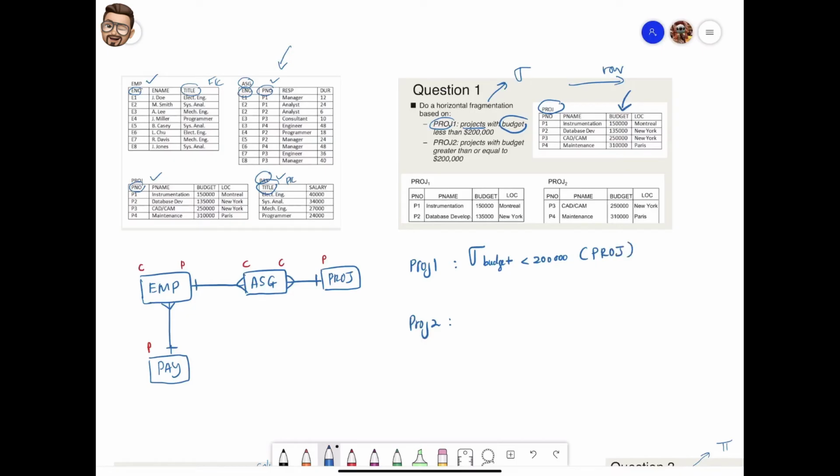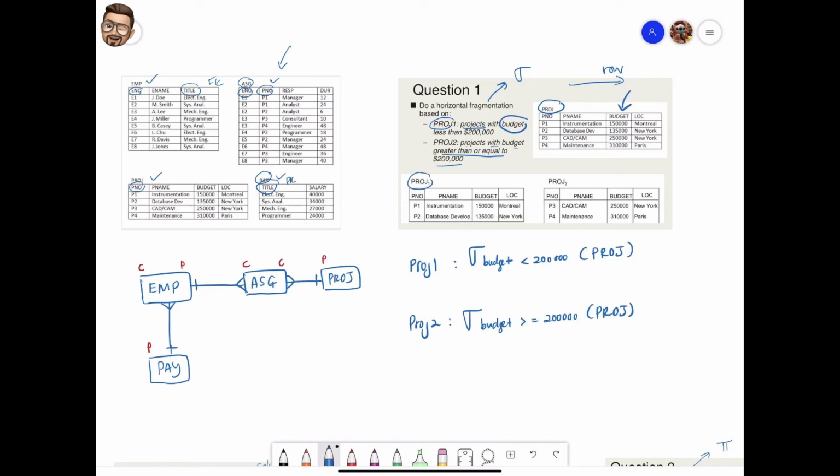Project. And the second one, projects with budget greater than or equal to 200k. The same thing, we select budget greater than or equal to 200k from which table? Project.